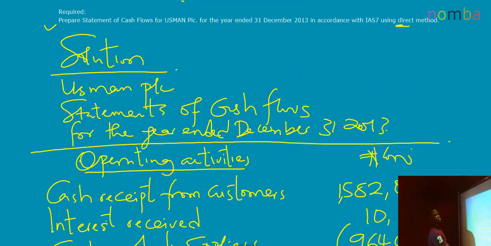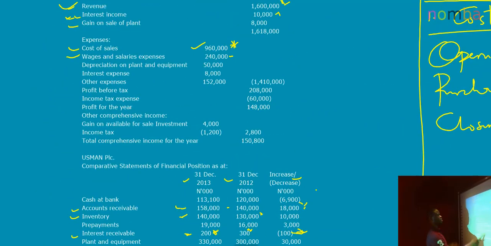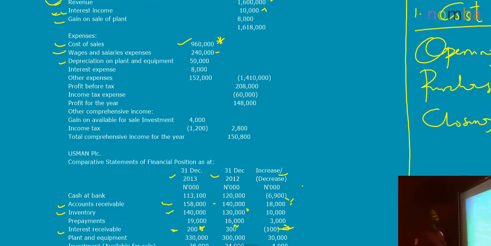Having determined that, we'll go back to the question and pick the next item. The next item we have here is depreciation on plant and equipment. Depreciation is a non-cash item, so it will not be recognized or presented in the statement of cash flows.